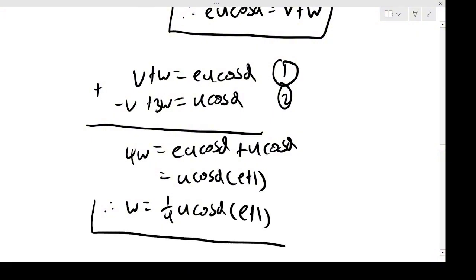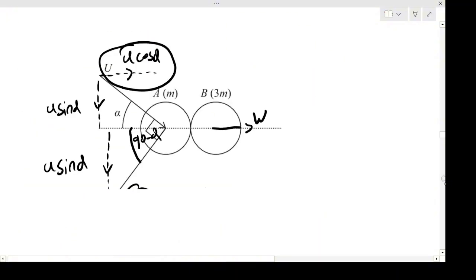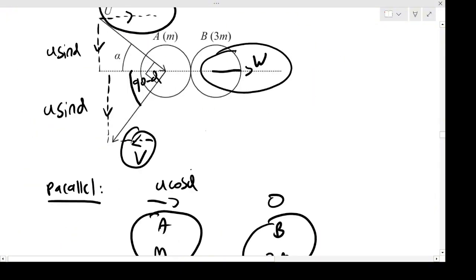And actually, I think we should have done the first part then, right? Yes, that's the expression we have. That's the speed of B afterwards, right? Because remember, afterwards for B, the only part is the part W, right? W is the speed, okay, because it's only going in one particular direction. So there we are, that's great.